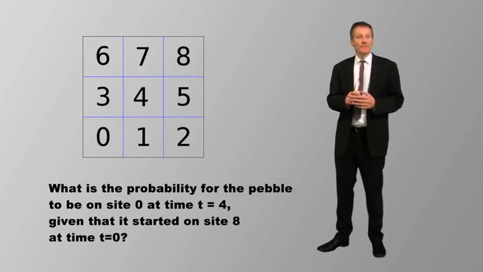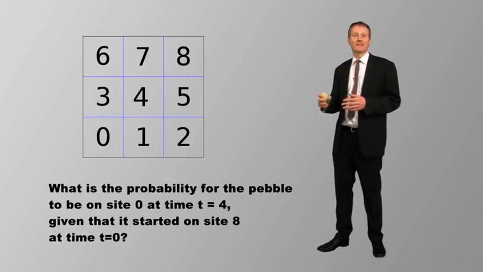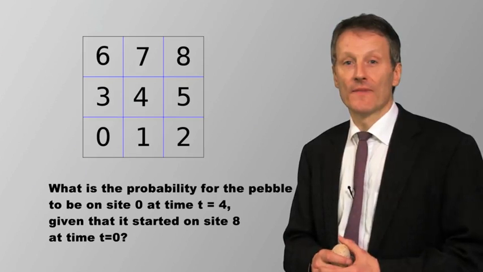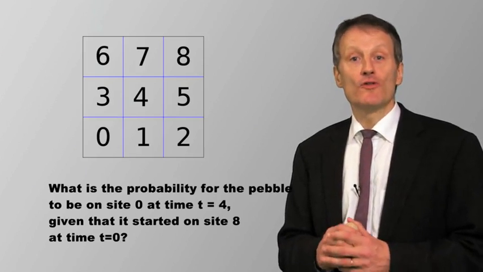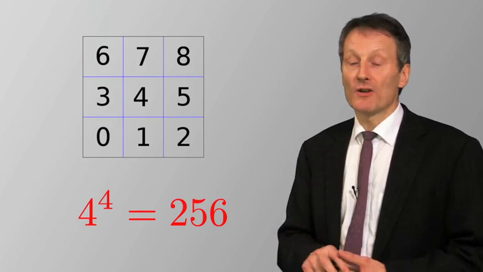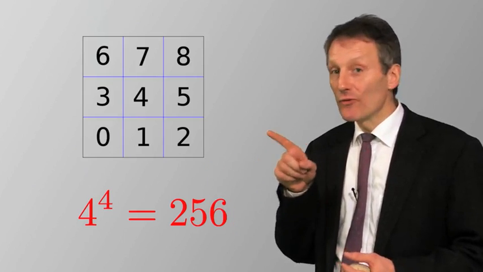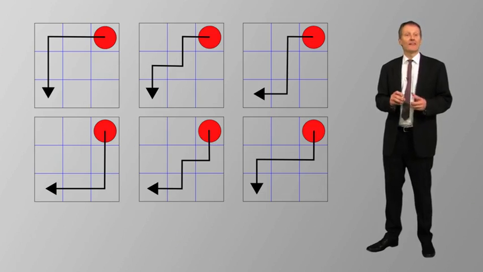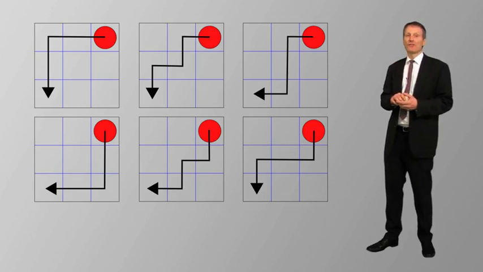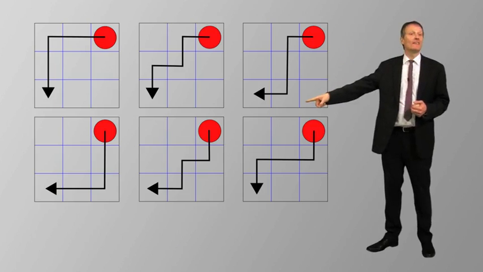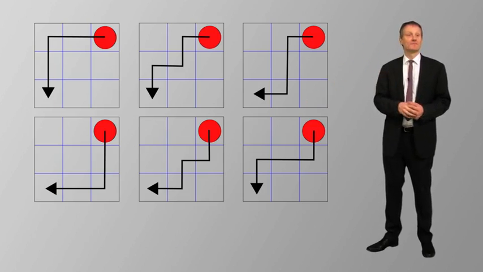The answer is that this probability is equal to 6 over 256, or 3 over 128. The denominator, 256, is equal to 4 to the power 4, because there are 4 moves, and at each move we have 4 possibilities. The numerator, 6, corresponds to the 6 ways of connecting site 8 to site 0 in 4 steps.